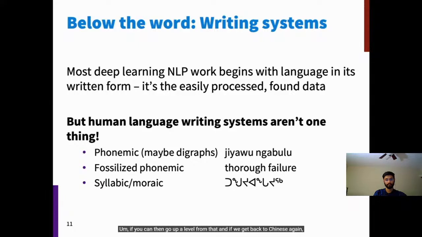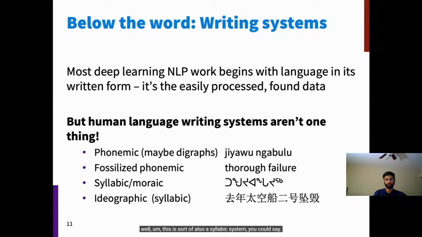You can then go up a level from that, and if we get back to Chinese again, this is sort of also a syllabic system, but really the Chinese characters are much more than just the sound. They also have a meaning. This is really an ideographic system where there are characters with particular meanings attached to them, so they're whole morphemes written as one letter.